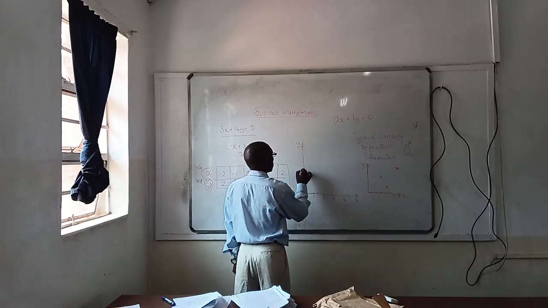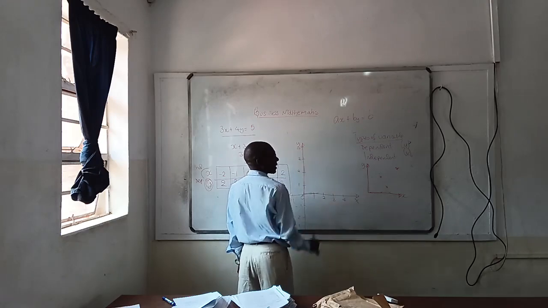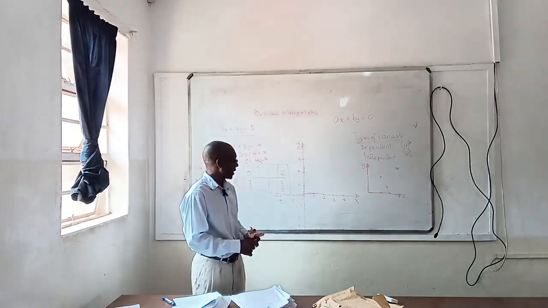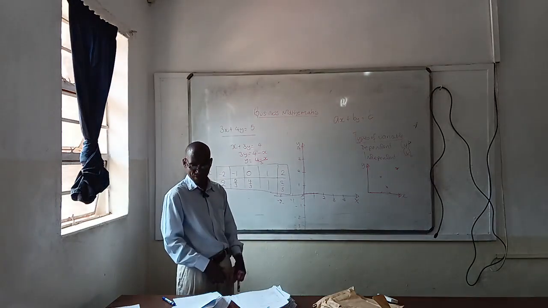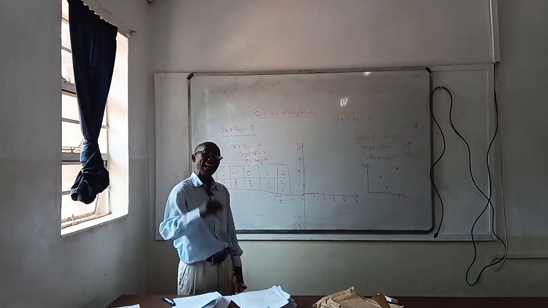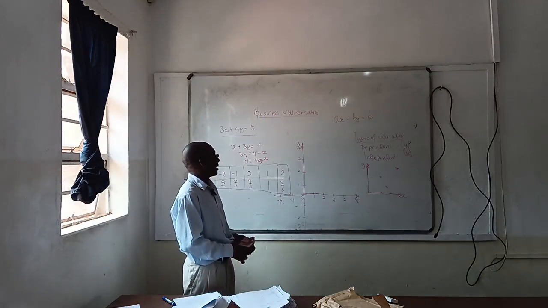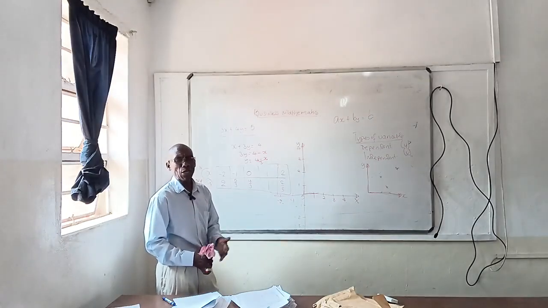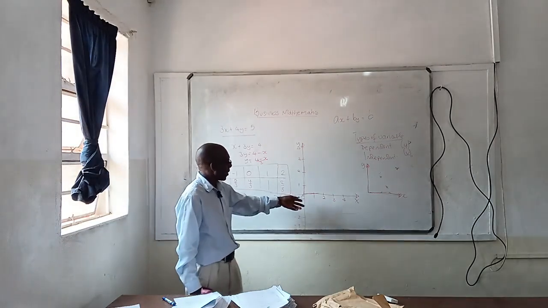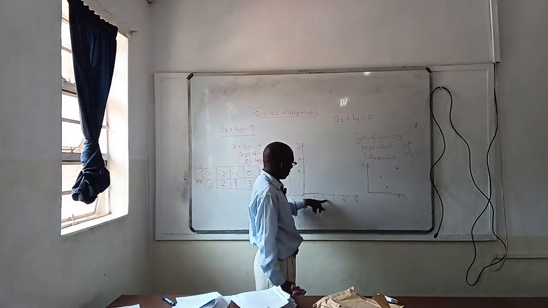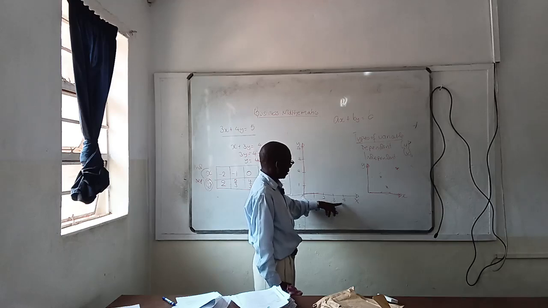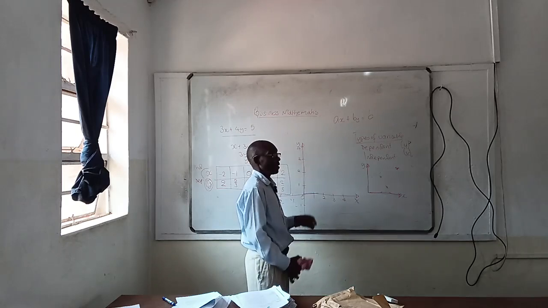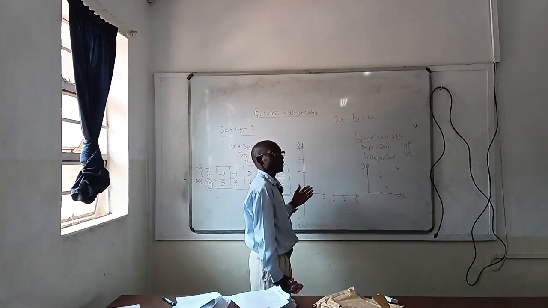Where am I getting these numbers? If someone asks why you are not putting here 5, here 7, here 100, why? This is what is called a Cartesian plane. We are just looking at the way it is.